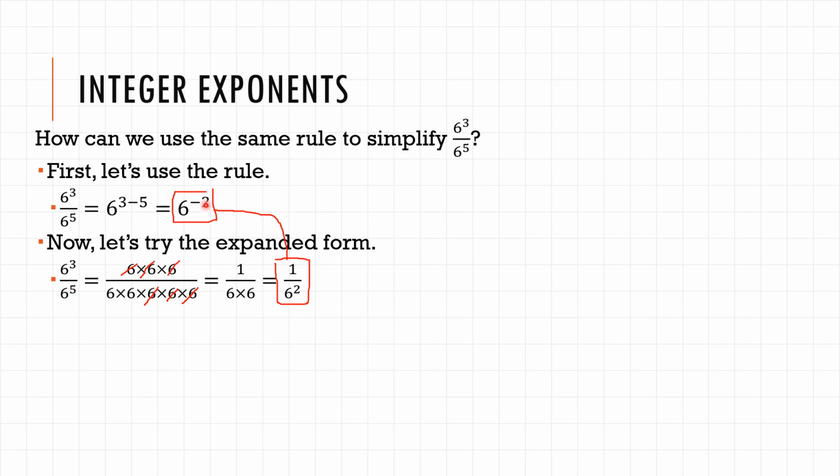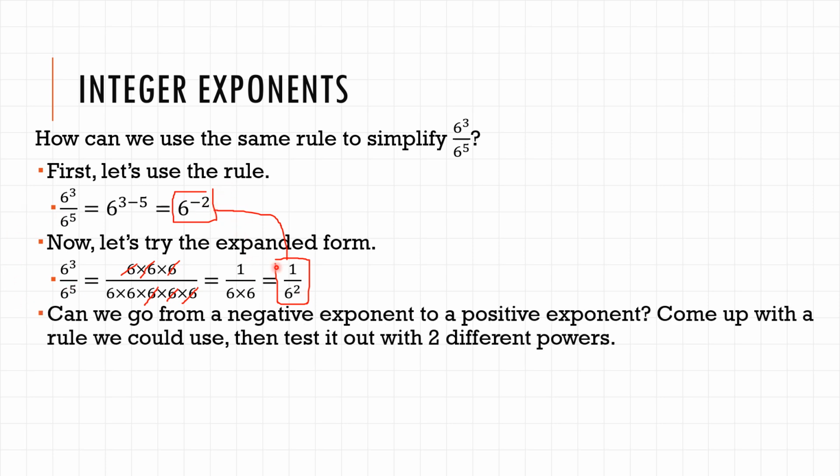So using this idea, do you notice anything interesting? How would we go from a negative exponent to a positive exponent? See if you can come up with a rule that we could use and then test it out with two different powers. Take 2 minutes, pause here, and think about that.